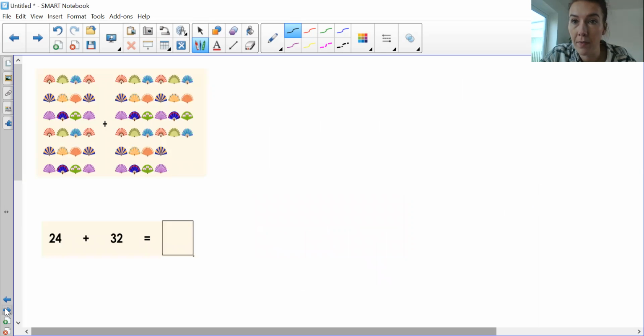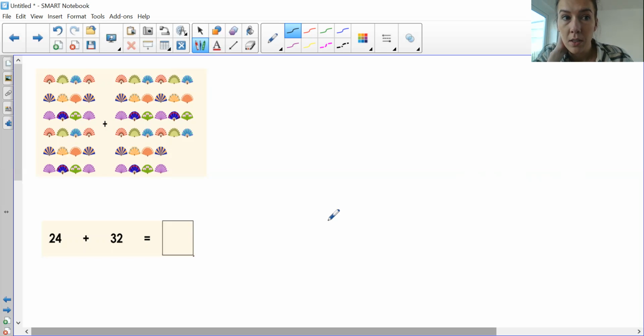Okay, today we've got two numbers. We're going to look at adding these together using our column method. I've put this picture on here on purpose because I wanted to show you that we do jottings in class and sometimes you might do your dots.